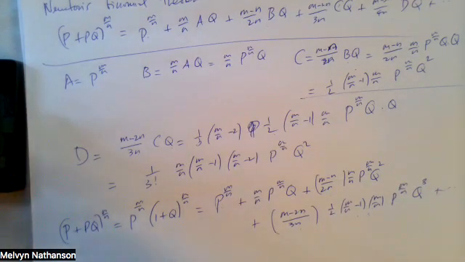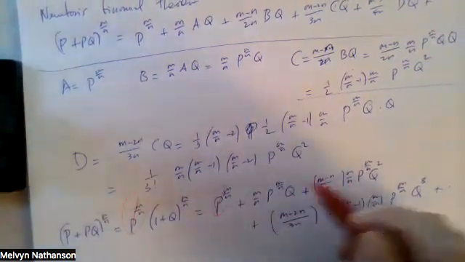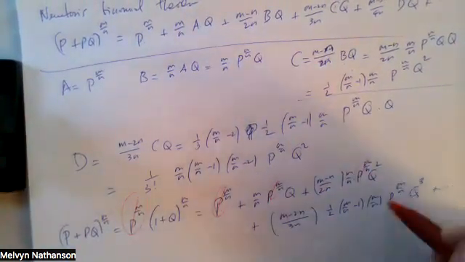And continue. I can factor out, if I like, every term has this P^(m/n). Let me just cancel that to make it simpler.